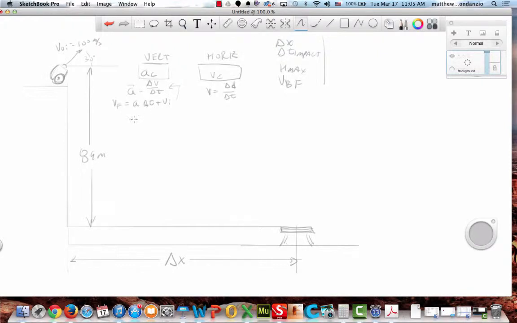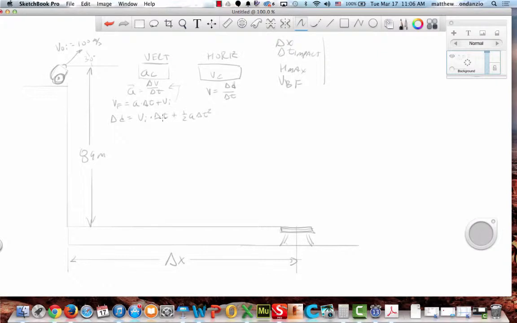Okay. What's the other big equation we got? This equation relates change of velocity, acceleration, and time. What other relationships do we have for acceleration? We got two more basic ones. Delta D, delta distance, equals V initial times delta T plus half A times delta T squared. So this was relating my acceleration, my change in distance, my time, and my initial velocity.